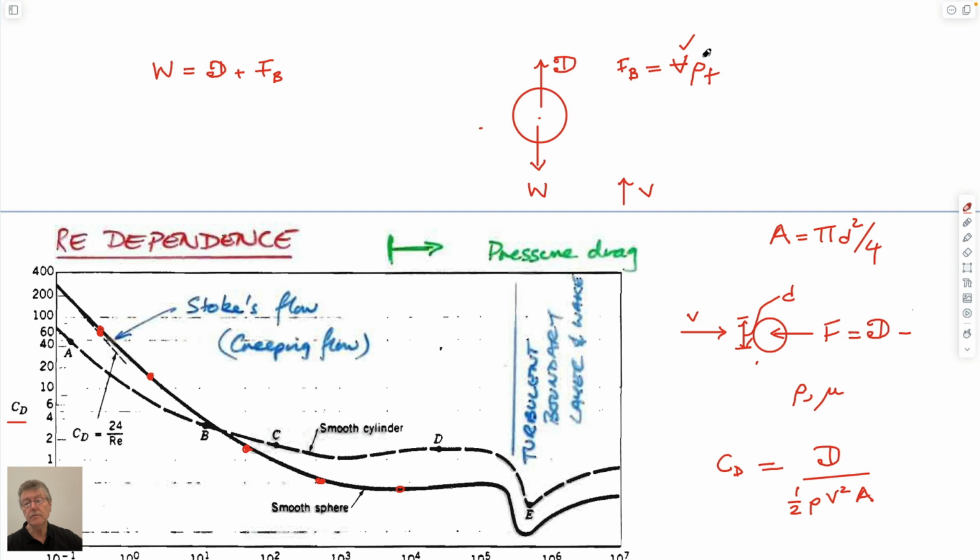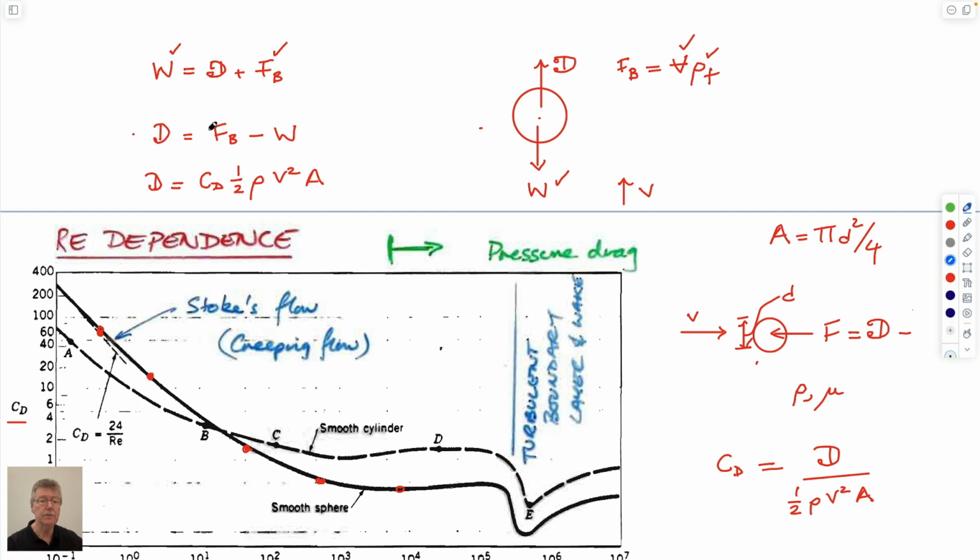You know the volume of the sphere, you know the density of the fluid, you know the weight of the person, so you know this and you know this, and so you can write that squirrely D is equal to, you can rewrite this expression as D being equal to CD times a half rho v squared times A. So I guess we're jumping the gun.